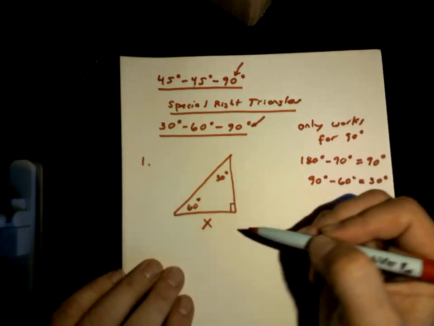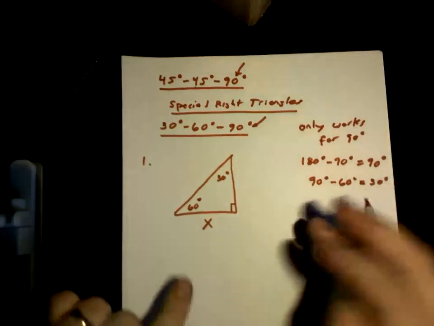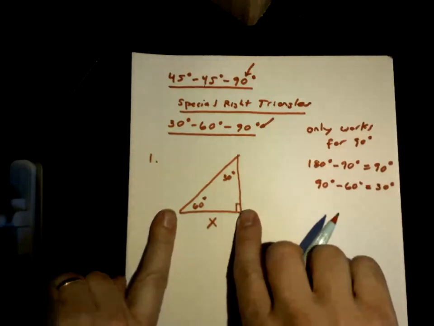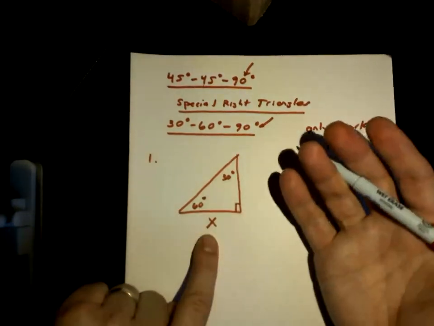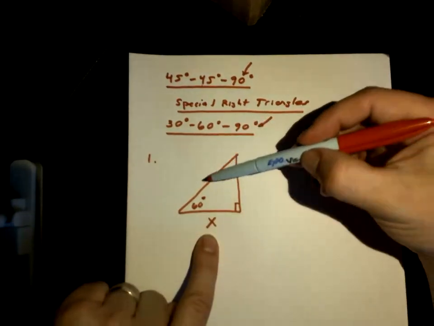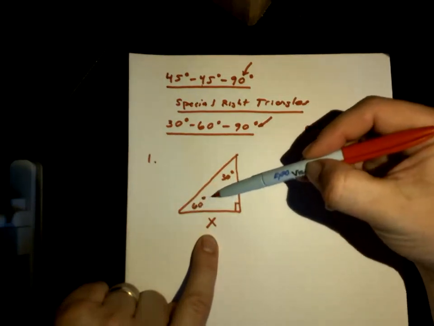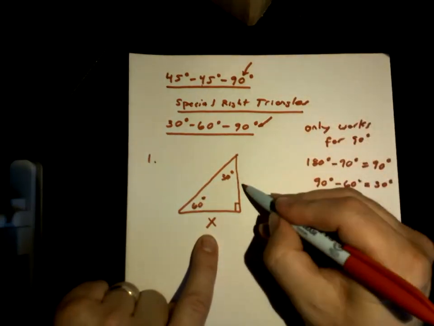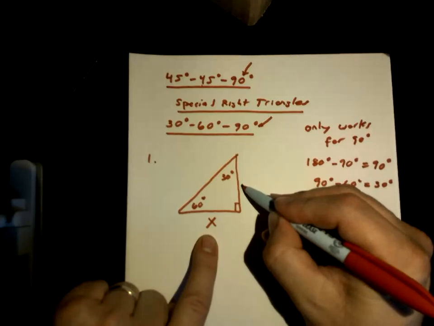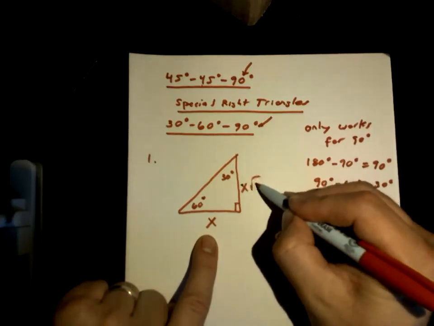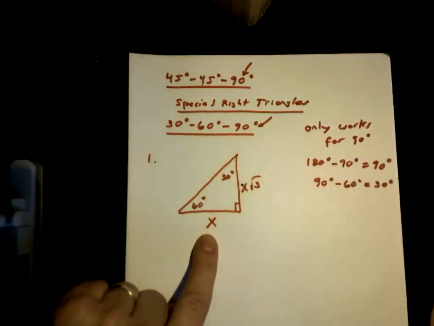Look at it like an eyeball: the smallest angle, you're looking at the smallest side. Let's say that was x. Then across from the 60, let's say this is going to be x square root of 3, because that's the second biggest angle.